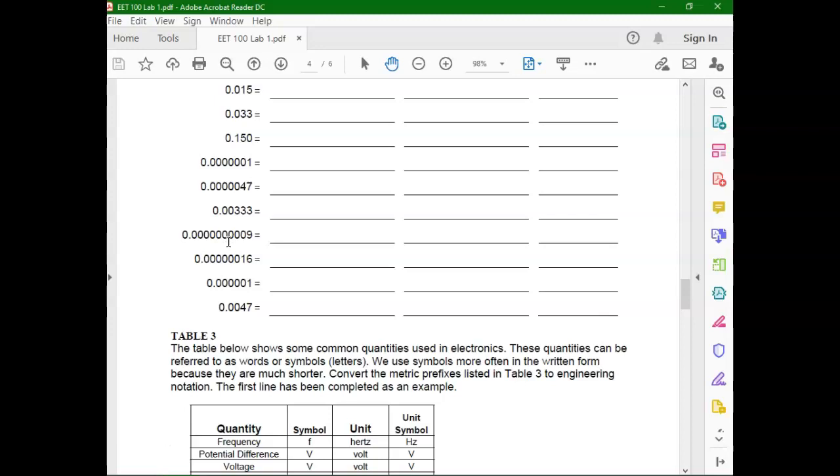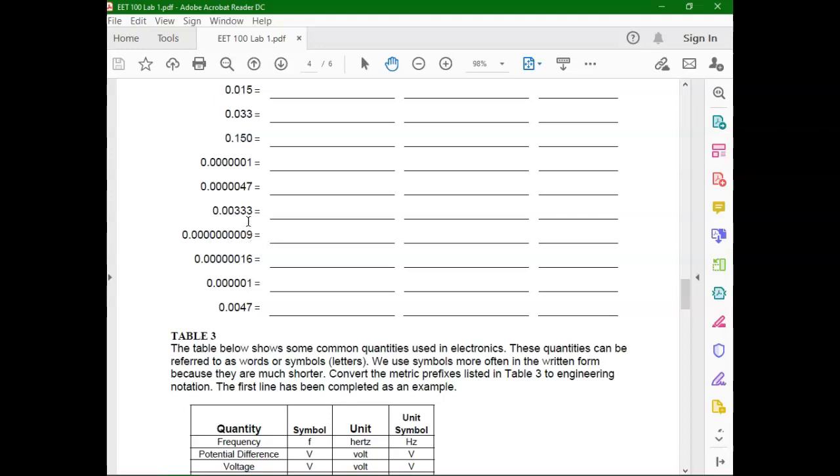What is the scientific notation for this one? That'd be 9 times 10 to the 10th power.